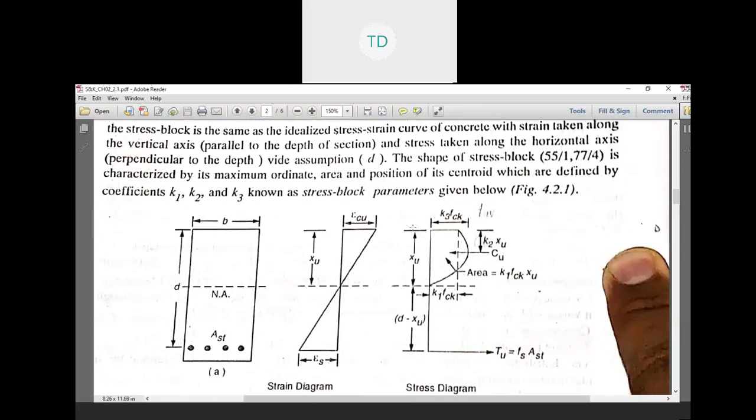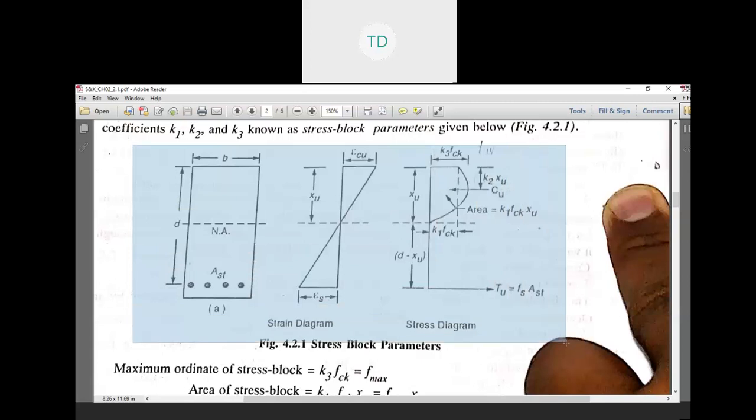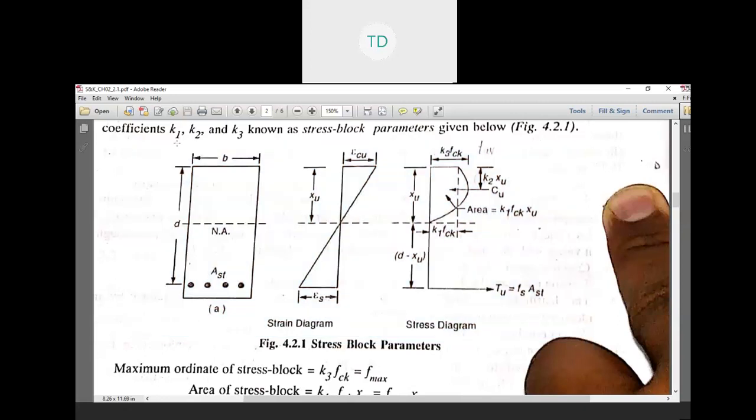Skip all these steps because we study it in this diagram. This is the stress block parameter or stress diagram for a concrete reinforced beam. This is the normal beam, cross section of beam, whose depth is d.